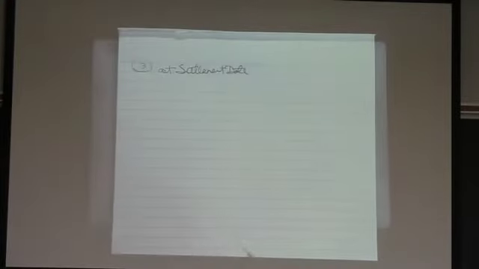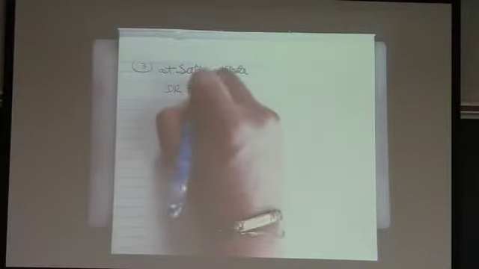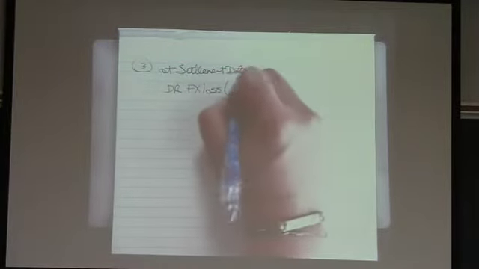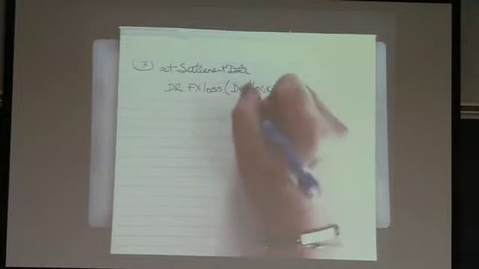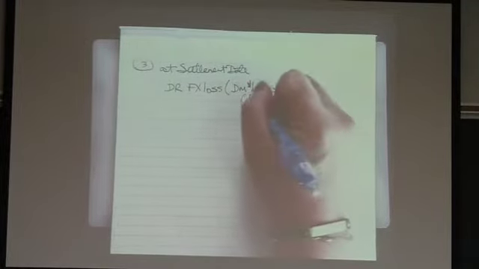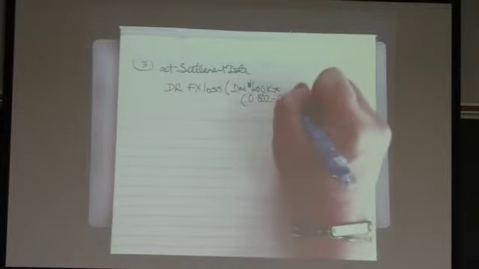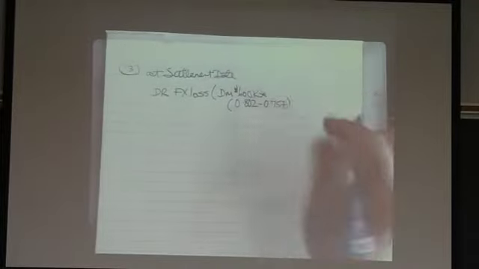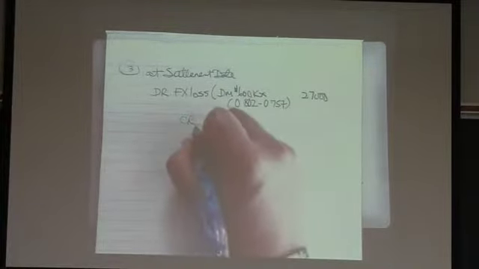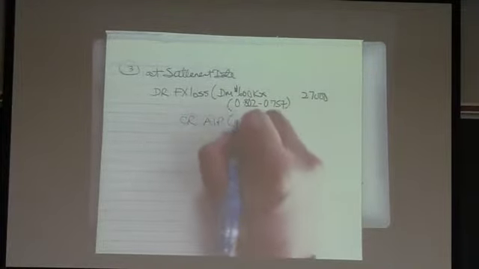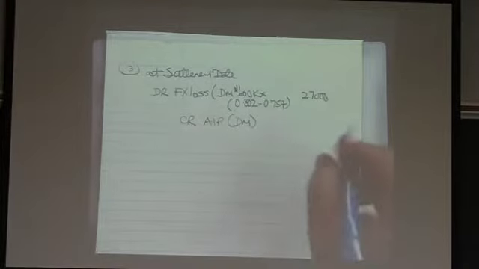It went up. So now I have to increase my obligation and create a further loss. So debit FX loss, and that is DM 600K times the difference between 0.802 minus 0.757. That is 27,000. And we're going to credit accounts payable in foreign currency unit.